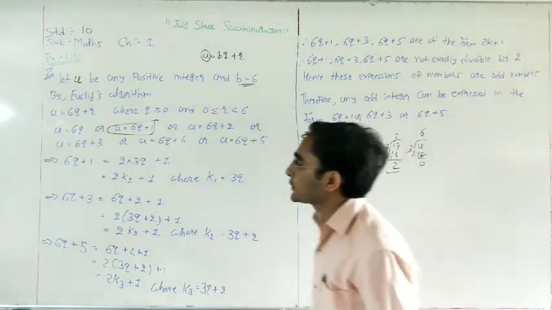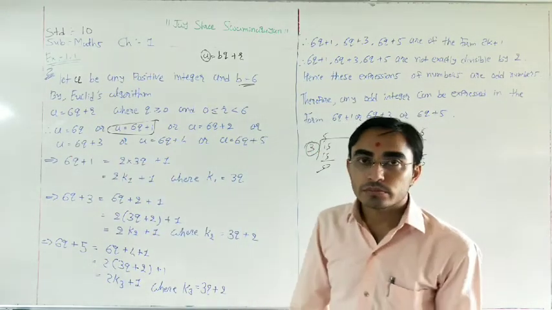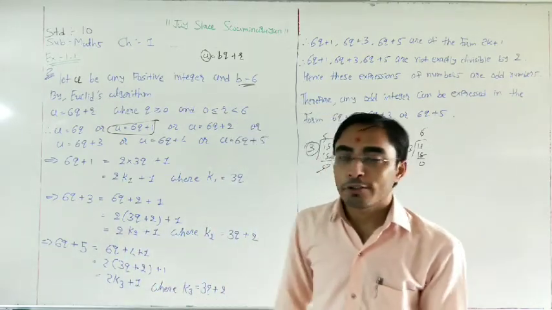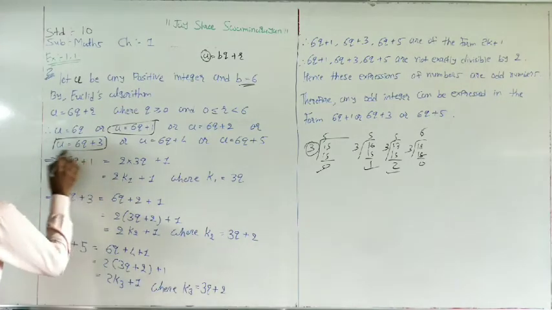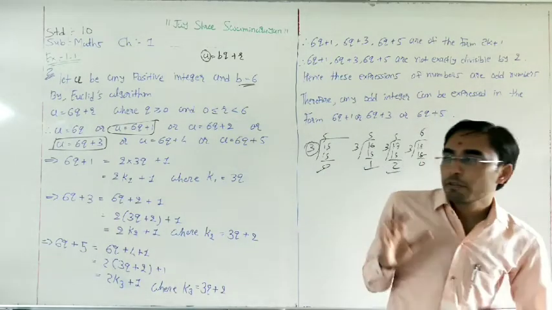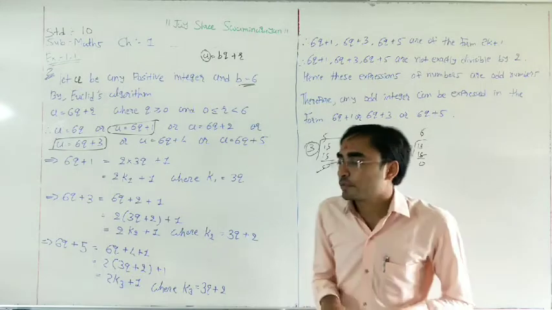Next, 6q plus 3. Here 6q is an even number, and even number plus 3 always becomes an odd number. So we need to consider this possibility for the odd number. Right now we only need to prove it for the odd number, that's why we check it.